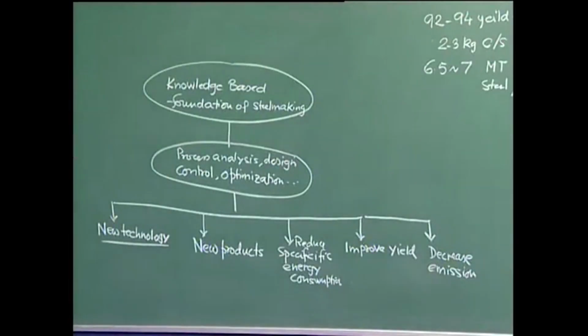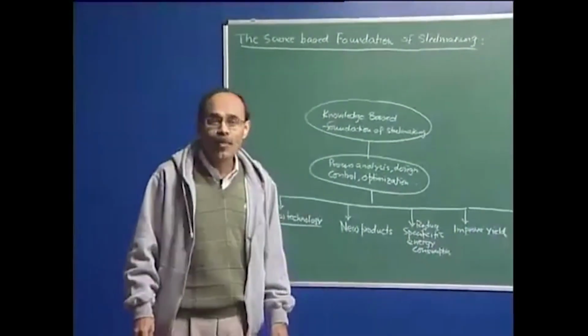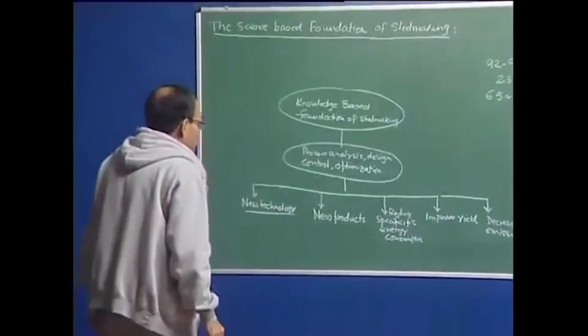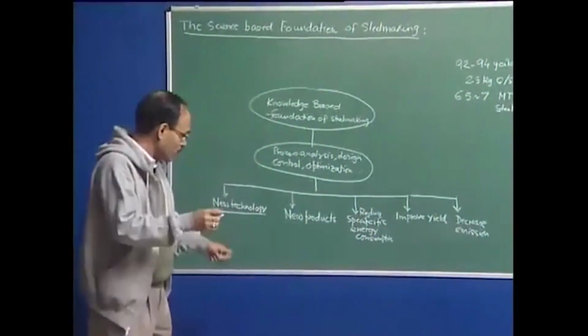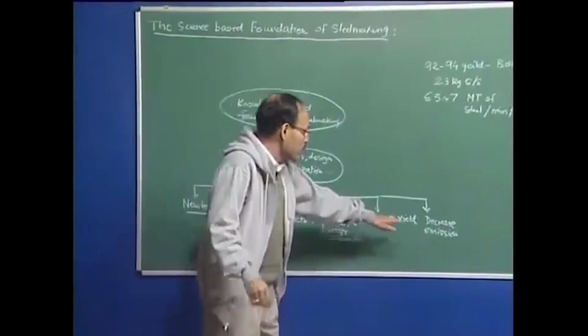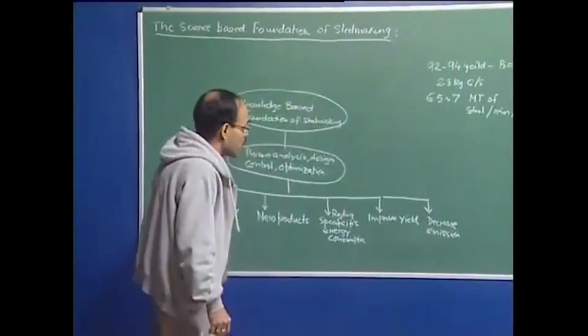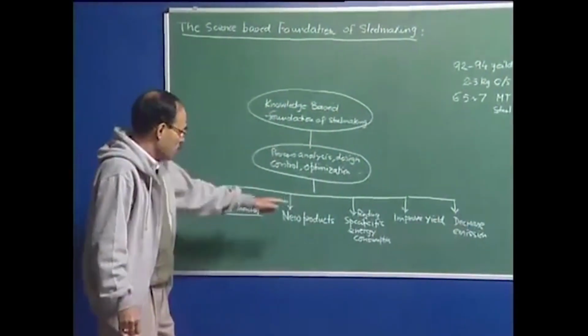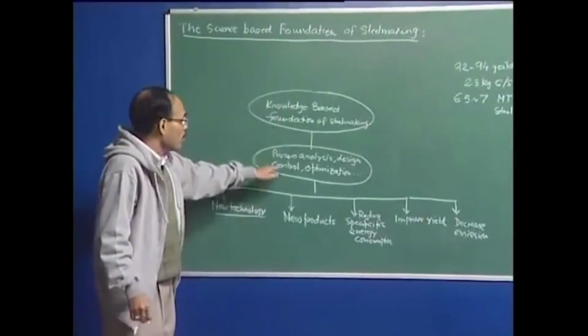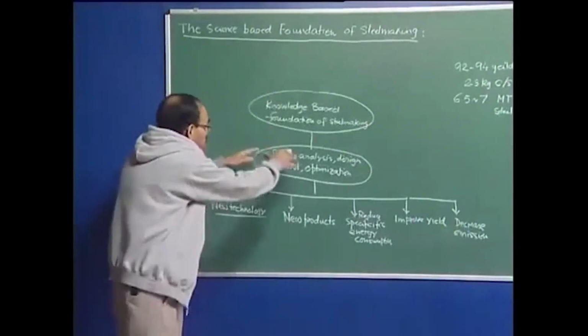Today, the steel industry is looked down upon in view of global warming, as we are one of the biggest polluters as far as greenhouse gases are concerned, and we have got to tighten our belt. There, in the context of decreasing direct emission and reducing specific energy consumption, process analysis and design will play a very big role, and this is based on the knowledge based foundation.